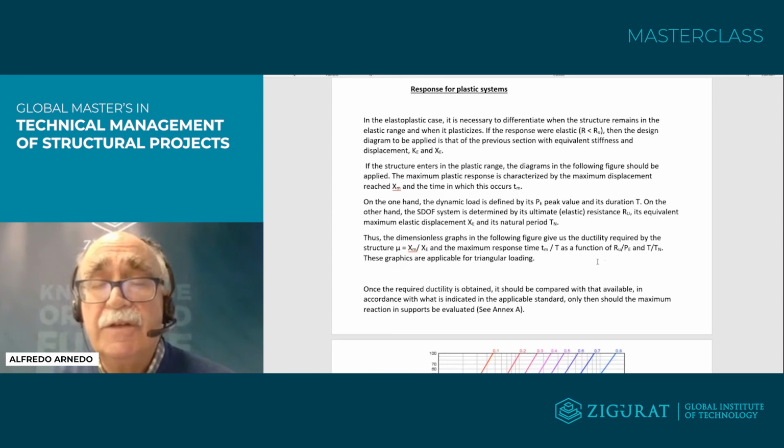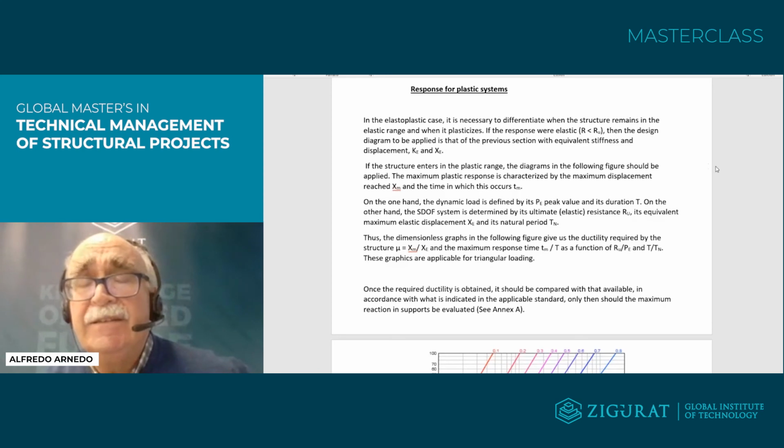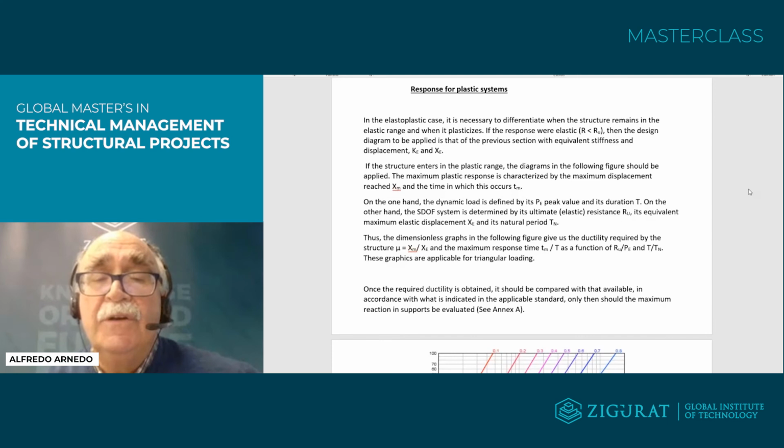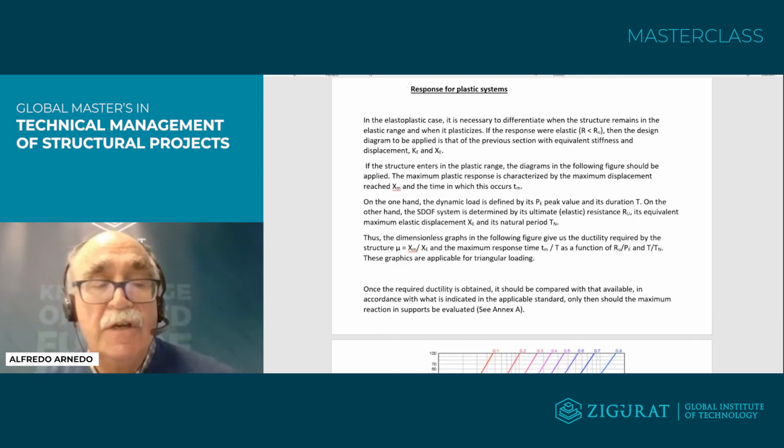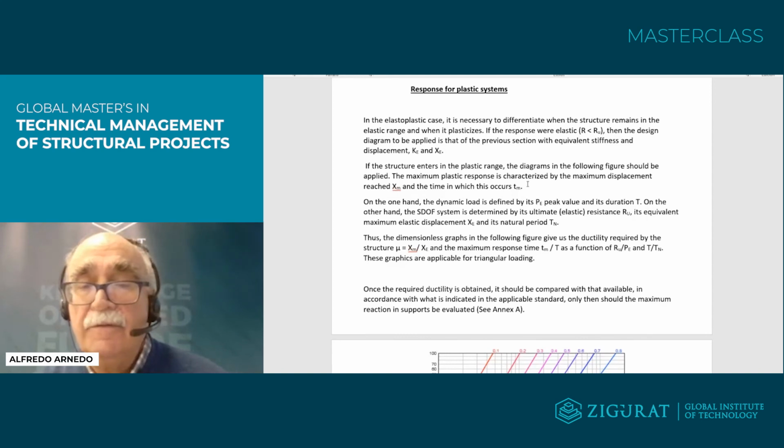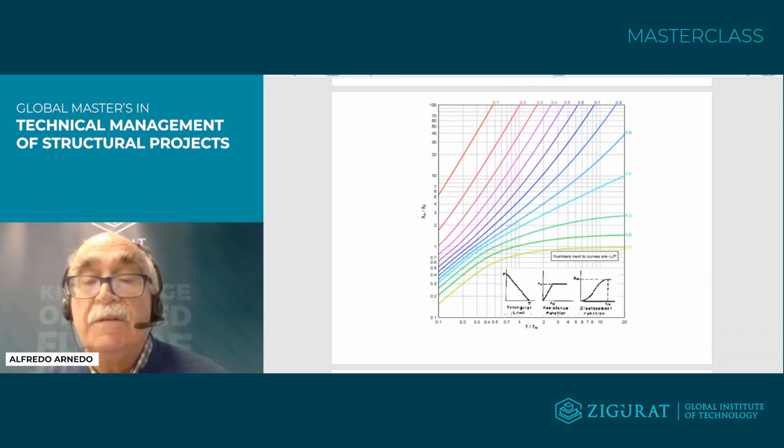It is a proportion of how much damage the phenomenon has produced, because if the maximum displacement is superior to the linear one, when the actions disappear, a deformation remains, and this deformation supposes a sort of damage, more or less, of the structure.